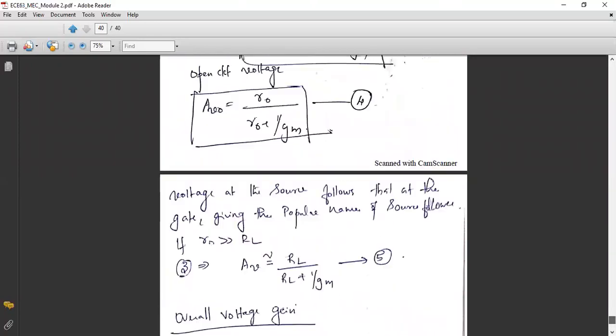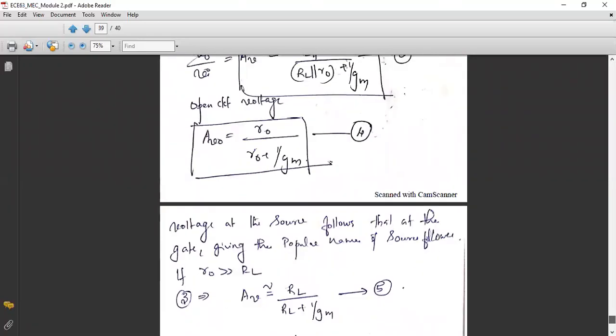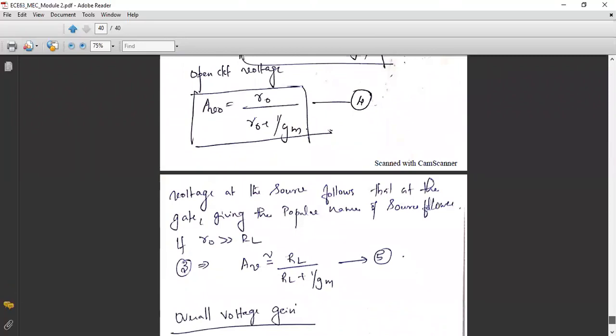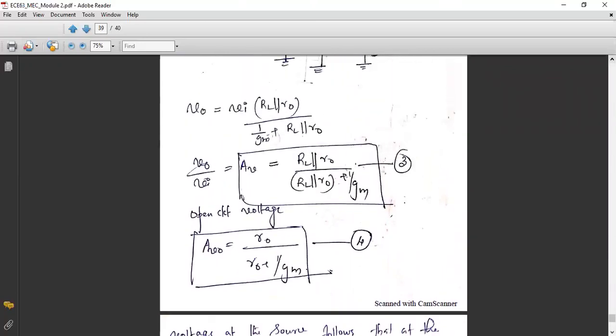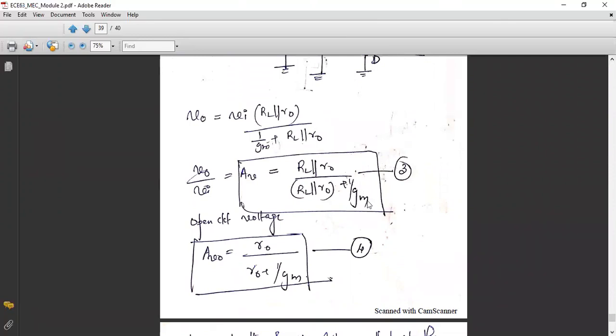The main speciality of this amplifier is that, as I told you, which resistance is very small here? 1/gm is very small. So it can be neglected, and this will get cancelled, right? So Av will be 1.